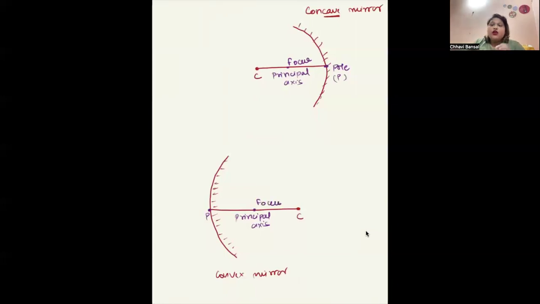What is focus? Focus is a point on the principal axis where the light rays, after getting reflected, actually meet or appear to meet.